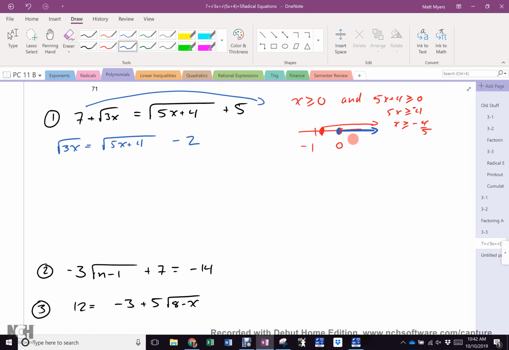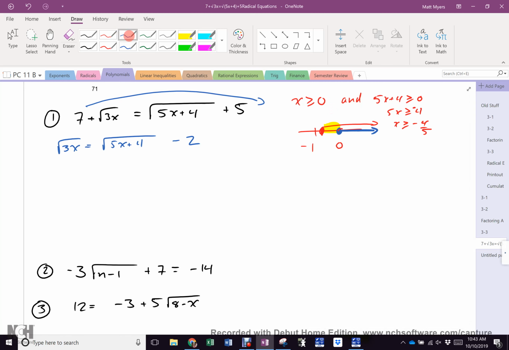There's a gap between negative 4/5 and 0. That doesn't work, right? So what's the true restriction? X has to be greater than or equal to 0, yeah? Because if I use negative 1/2, I'm in trouble, right? But your best bet is to show it all.